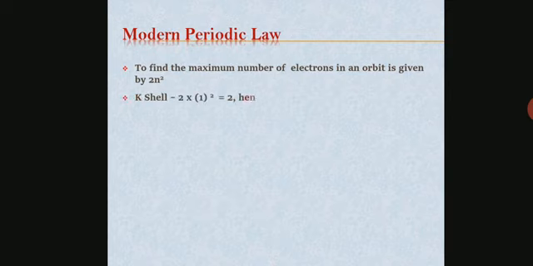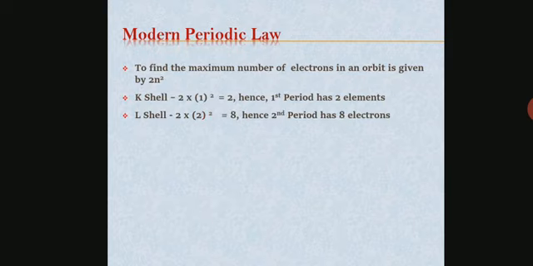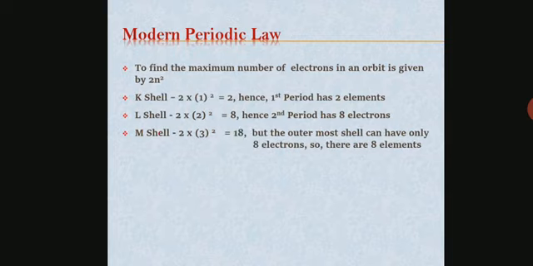If n equals 2, then it is 8. And if n equals 3, that is for the third orbit, we get 18. So if you write 18 or 8, both are correct.